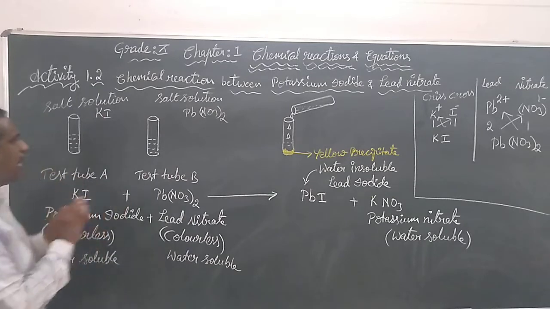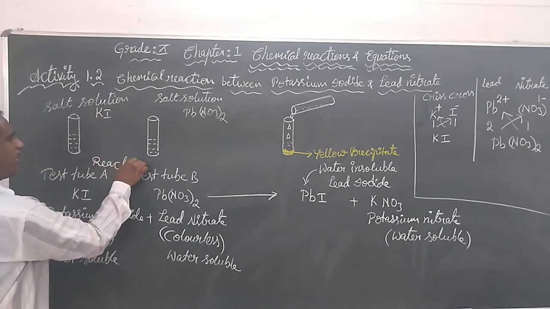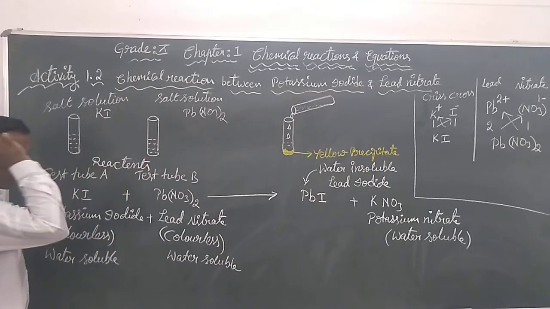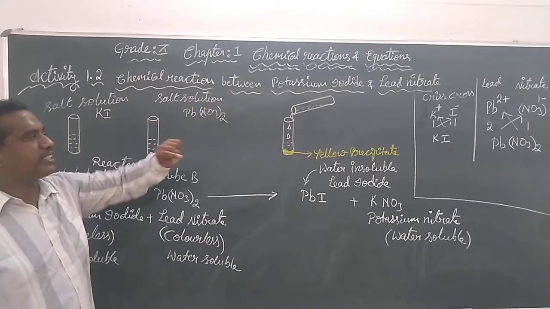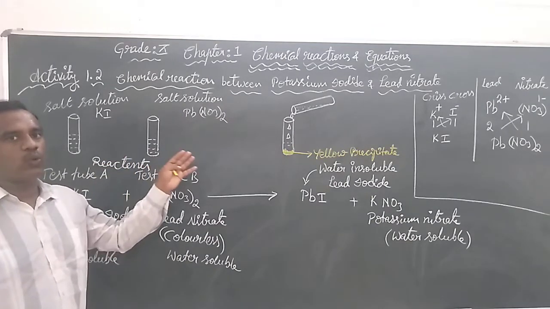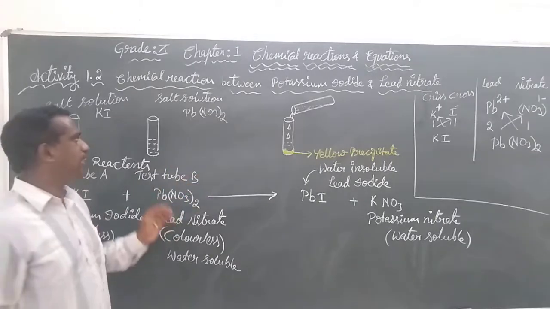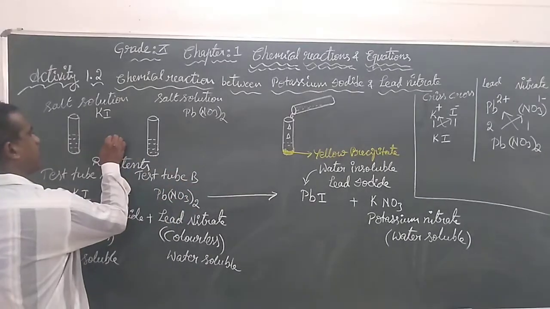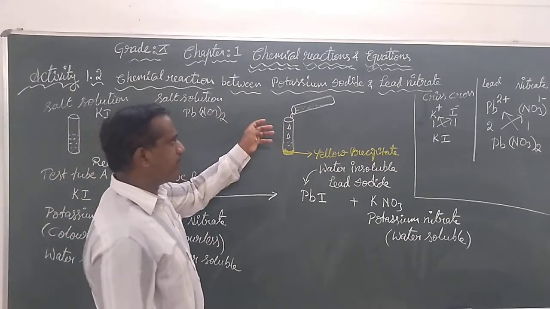Now these are our reactants. Previously we learned that a chemical reaction involves converting the reactants into new compounds, that is products. So how are these reactants going to combine with each other?